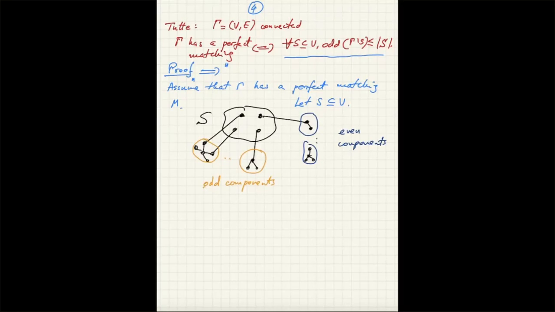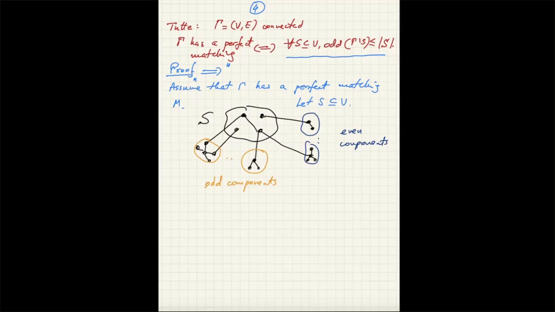Now, because we have a perfect matching, we look at each of these odd components. So we have a perfect matching in the graph.